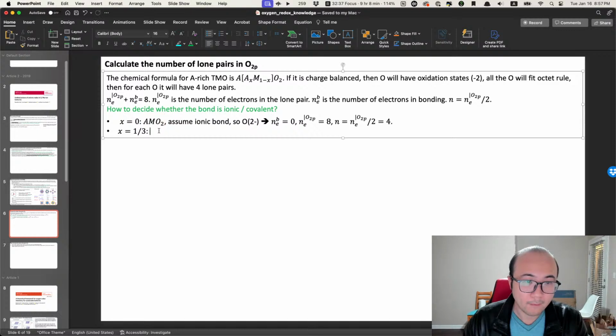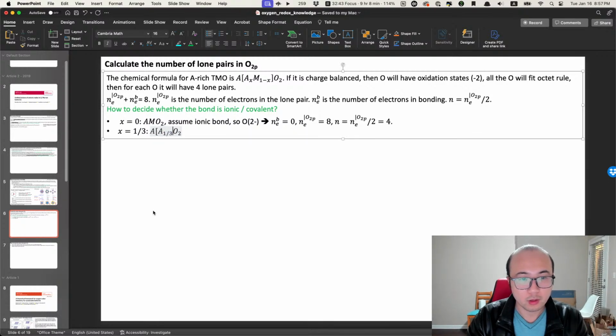we have a 1/3 and 2/3. This is clearly charge imbalance.